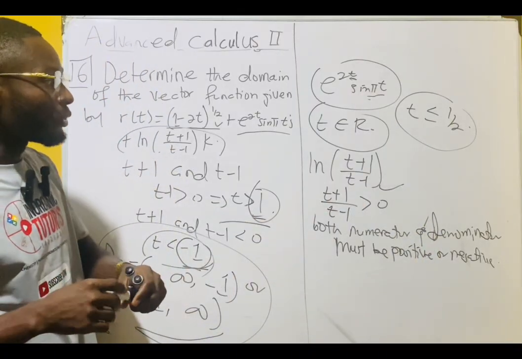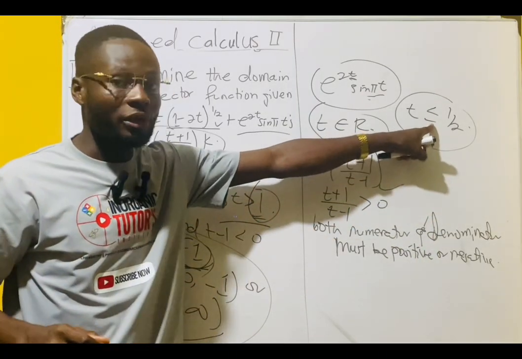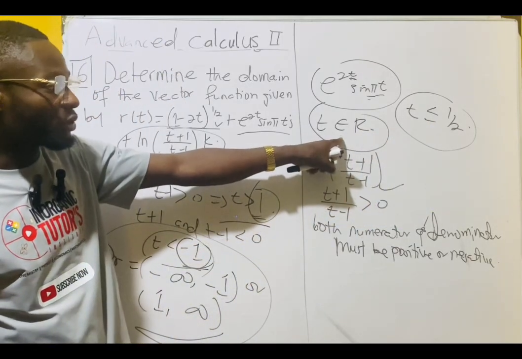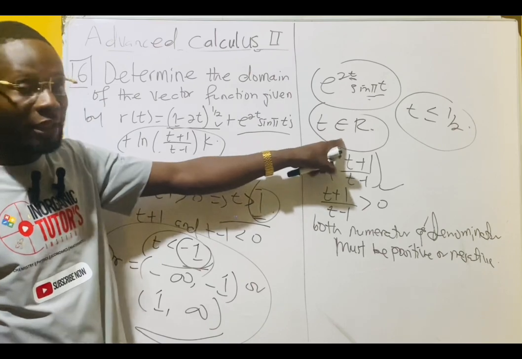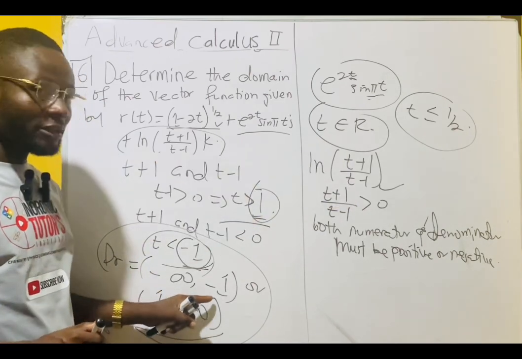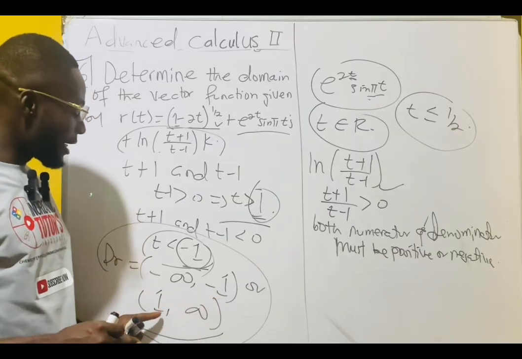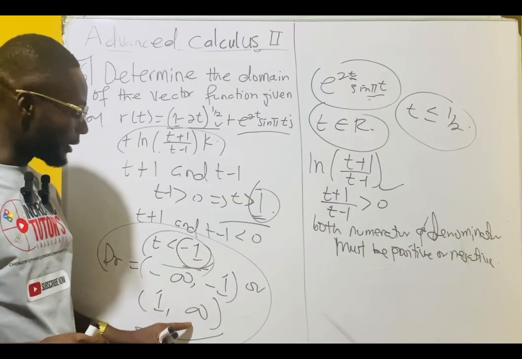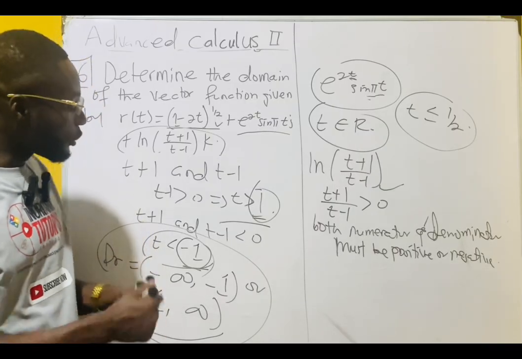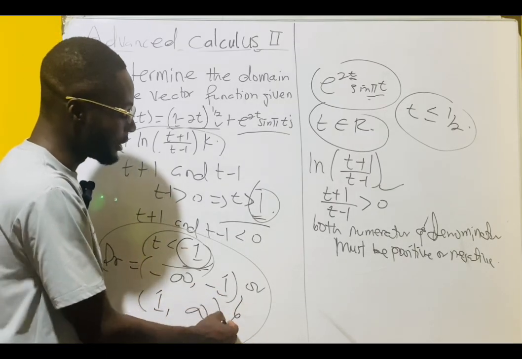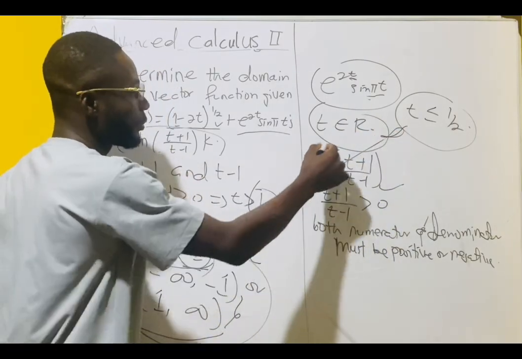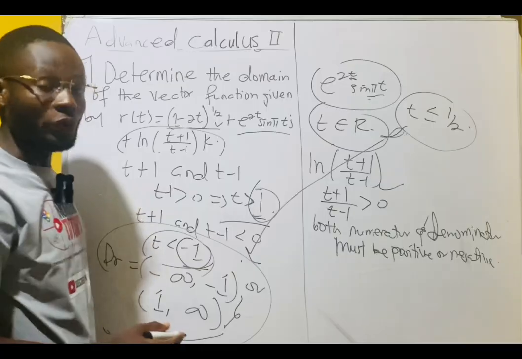So this is our domain for the natural log function, right? So now we're going to combine the first component where we have t less than or equal to half, and the second component which comprises all real numbers, and the third component which has negative infinity to negative 1 exclusive, and positive 1 to positive infinity exclusive. So we're going to combine this and that, right? We combine them.